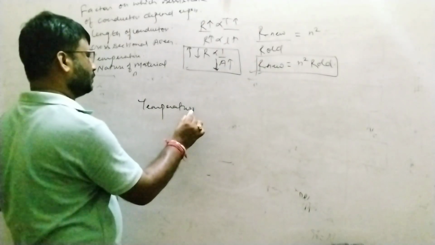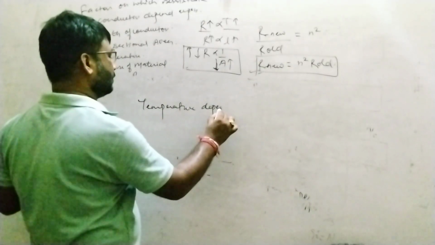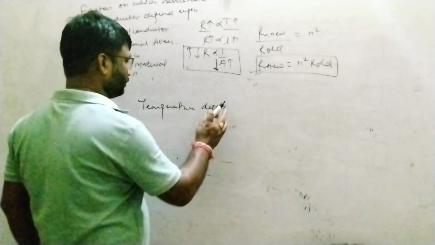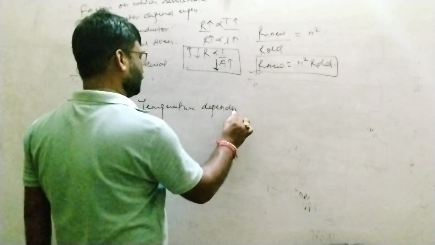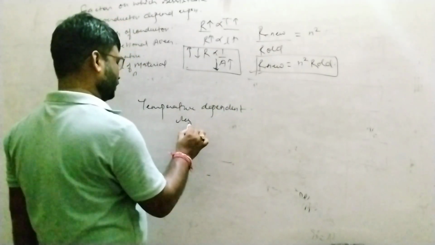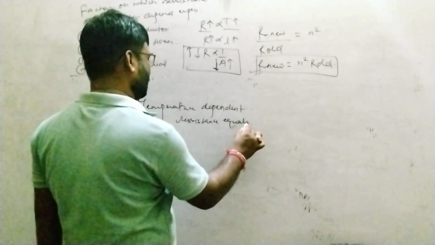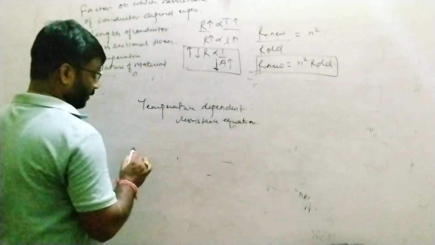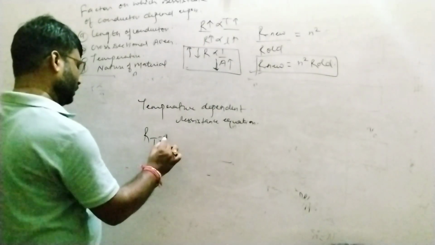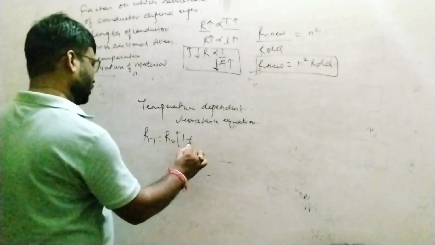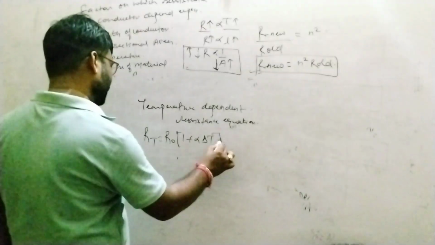Here it is given by R T equals R naught into 1 plus alpha into delta T.